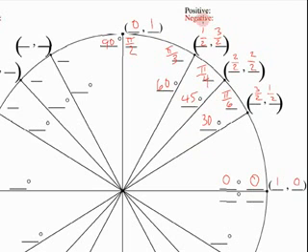We are going to square root each of the numerators. So the square root of 1 is 1, the square root of 2, the square root of 3, the square root of 3, the square root of 2, and the square root of 1 is 1. So there we have it.